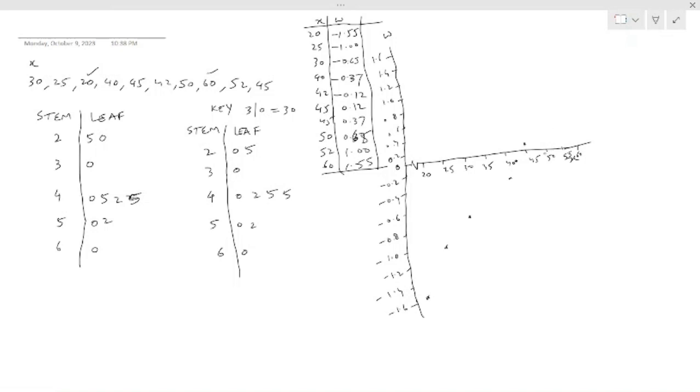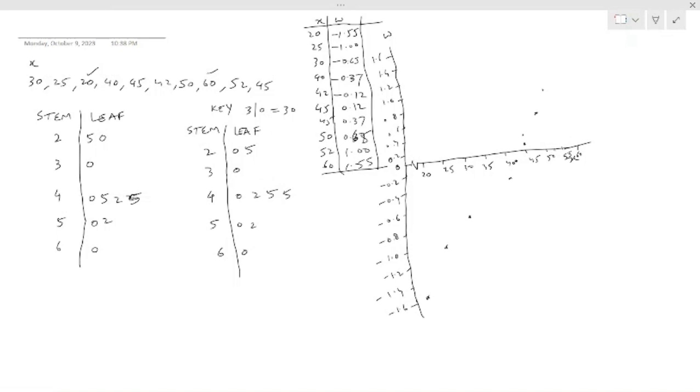Then at 45 again, another value 0.37 here. Then across 50, it is 0.65. Then across 52, that's 1 here.